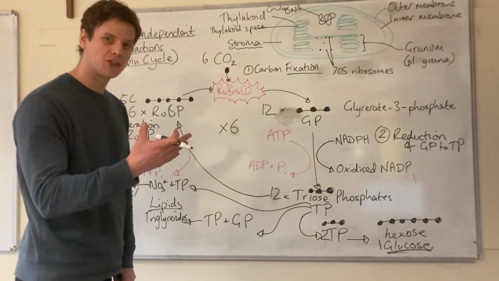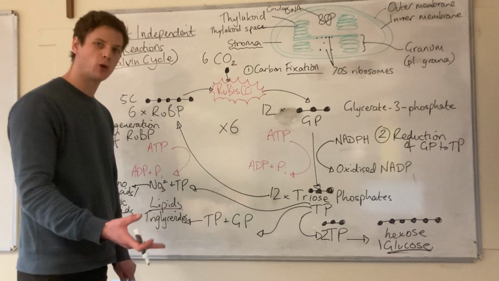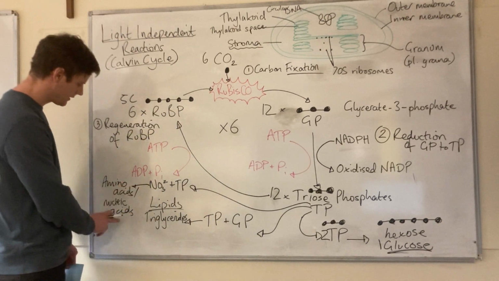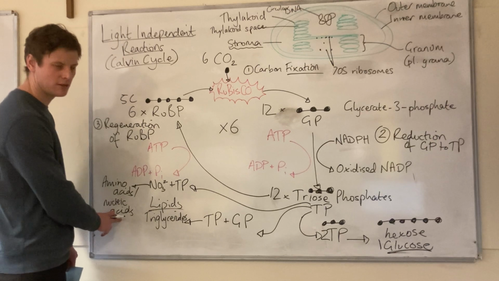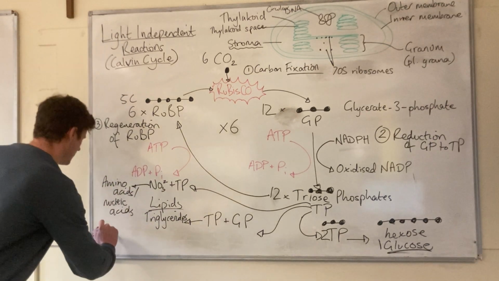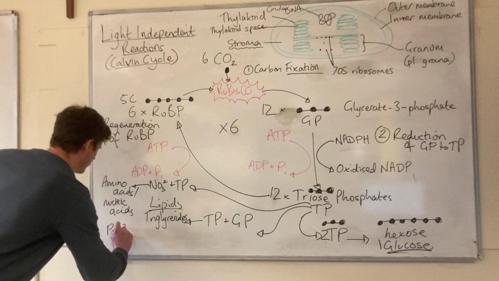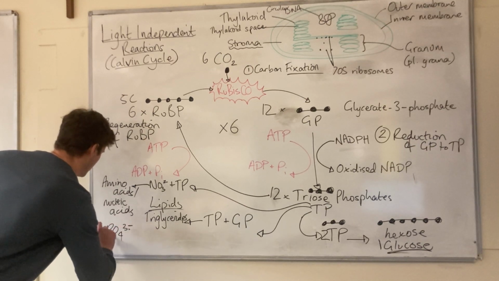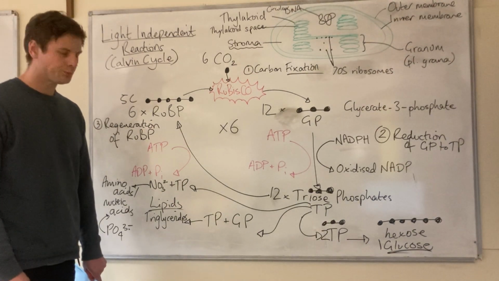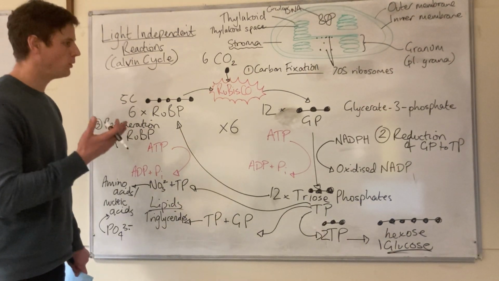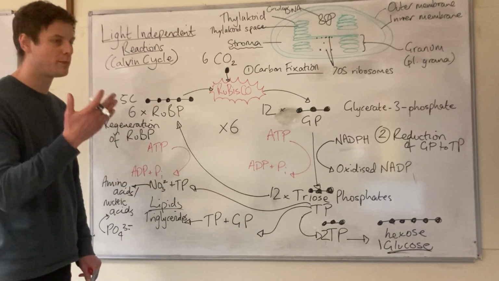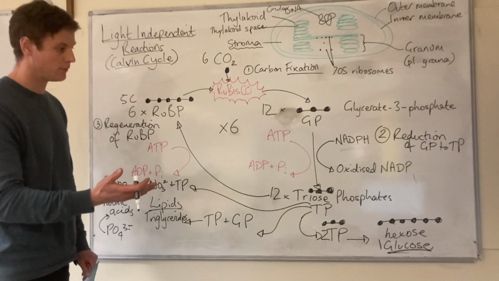Combine that with some nitrates that have been absorbed from the soil, and it's possible to make amino acids and nucleic acids, nitrates and phosphates from the soil, PO4 3 minus is needed as well to make those nucleic acids. So photosynthesis isn't just important for making glucose, it's important for producing all biological molecules.